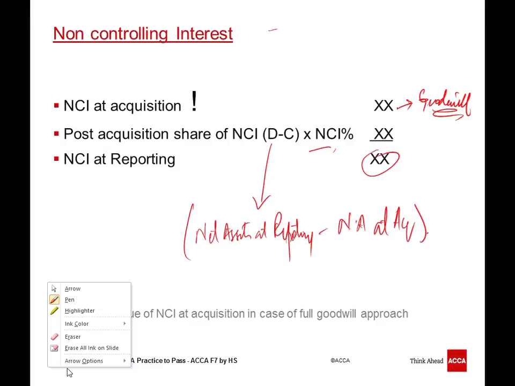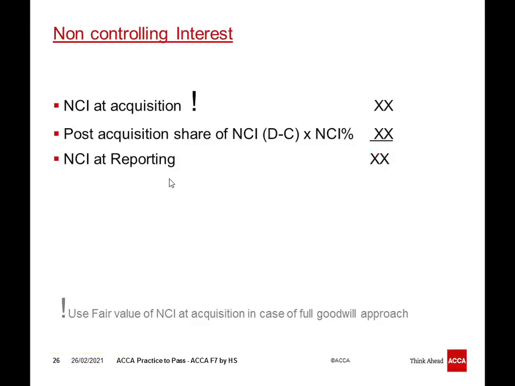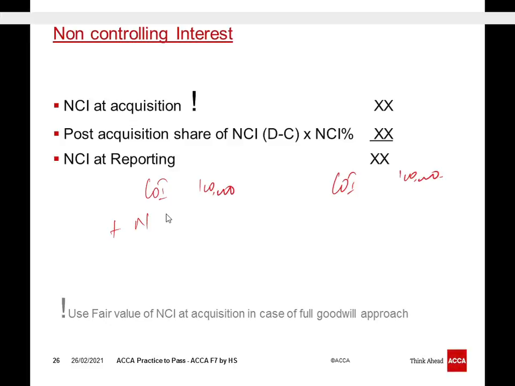I'm going back to give you a basic review of how to calculate. Assuming the cost of investment is 1 lakh in both cases. In one case, the NCI will be measured at the fair value, less fair value of net assets.